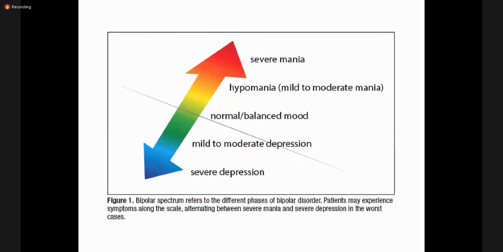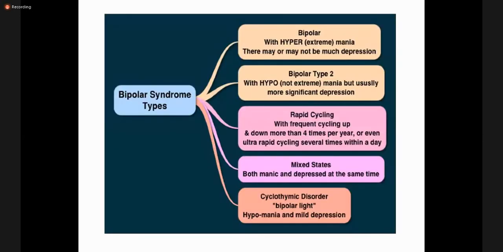Here is another spectrum showing how mania can be severe, it can be hypomania. There could be a normal and balanced mood in between. Another slide showing the types of bipolar syndromes, extreme mania, which is bipolar.